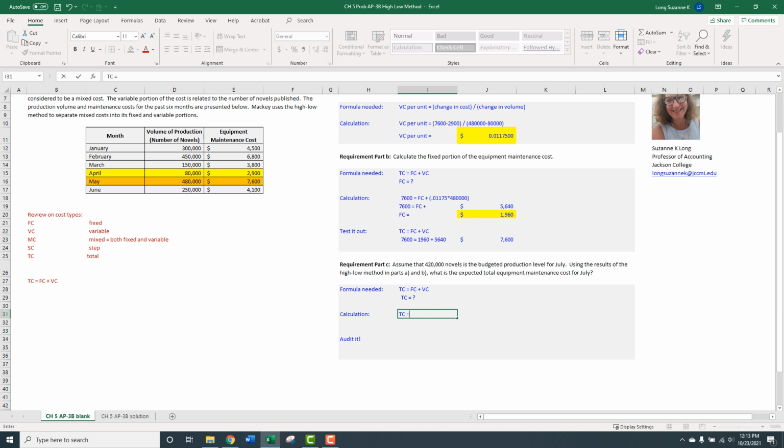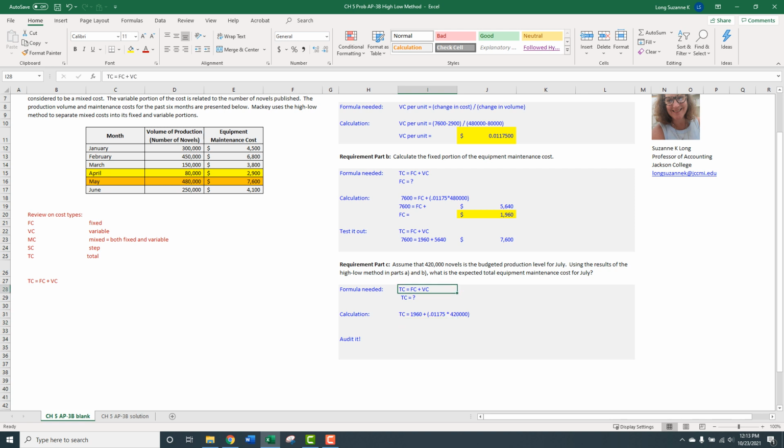So total cost I don't know. Fixed cost we just figured out. And variable cost, we know that variable cost per unit is a little more than 1 cent per unit. And now we're going to use 420. So I've got my 0.01175. And now we're at 420,000, like that.